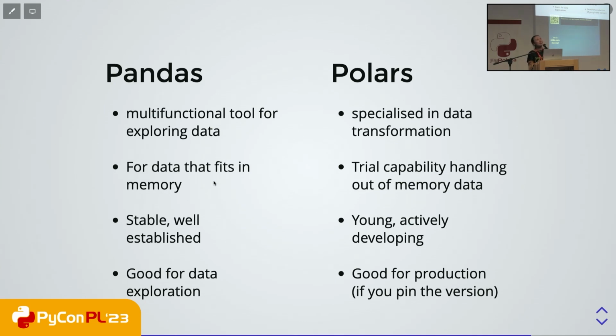Even if your data barely fits into memory, you may have to consider twice. Polars now says they have the capability to handle out-of-memory data by streaming it. You can use a lot of this lazy loading and things. But according to Thomas, who gave the talk, it's very tricky.